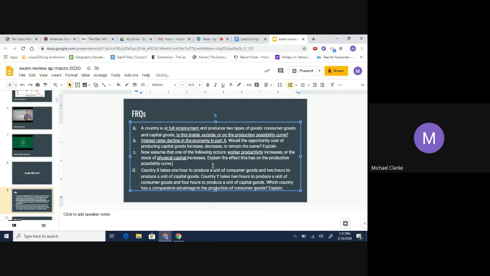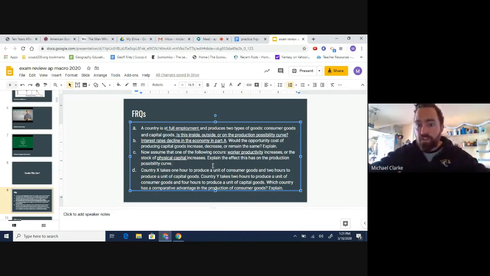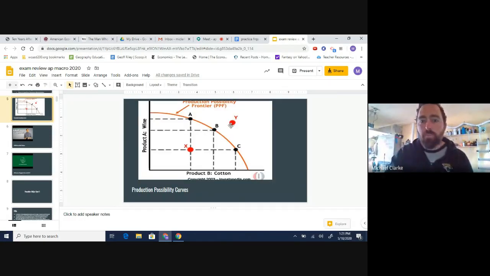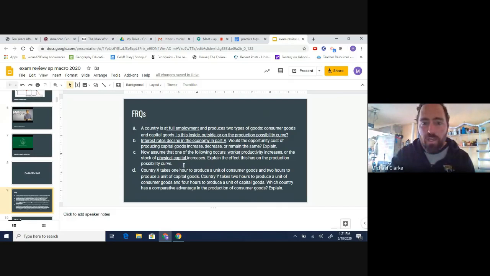Anytime workers become more productive or you have more capital, that's a factor of production, your production possibility curve right here is now capable of shifting outward to point Y. Now capable of moving to point Y. So if you wanted to reverse this and say that capital decreases, you have fewer computers, less software, your labor force decreases, you're hit by a famine or an environmental dilemma, your production possibility curve would shift to the left because now you have fewer factors of production. You have less land, labor, and capital.